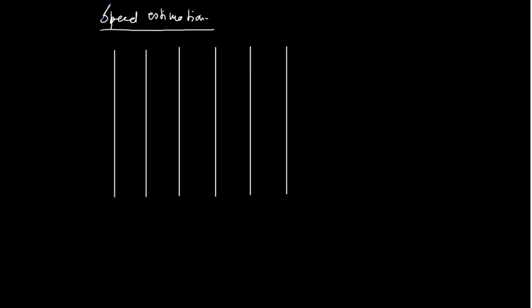Okay, this is your 0 degree, this is 60 degree, this is 120 degree, this is 180 degree, 4 pi by 3, 5 pi by 3, and the last one, this is 6 pi by 3, meaning total one cycle 2 pi.